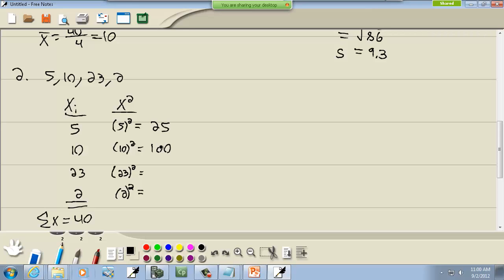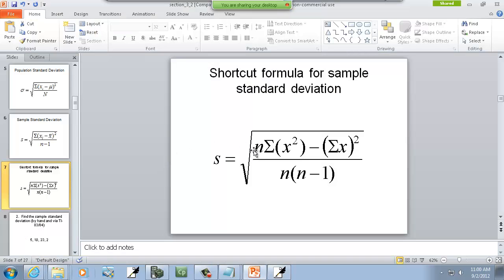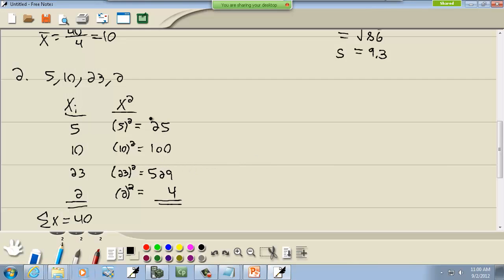Let me see, 23 squared is 529. And 2 squared is 4. Well, the sigma in front of it means I now want to add those together. So I'm going to sum these: 25 plus 100 plus 529 plus 4, and we get 658.